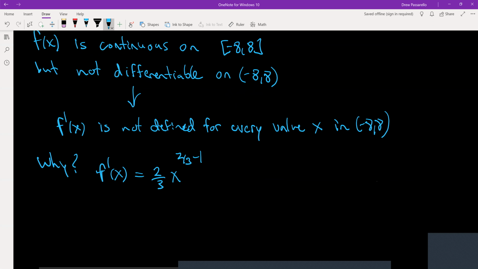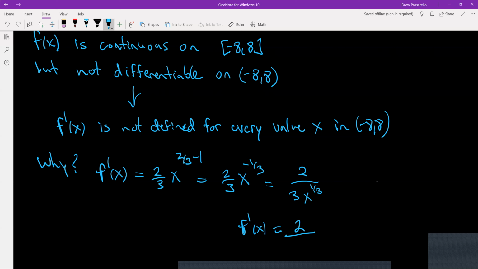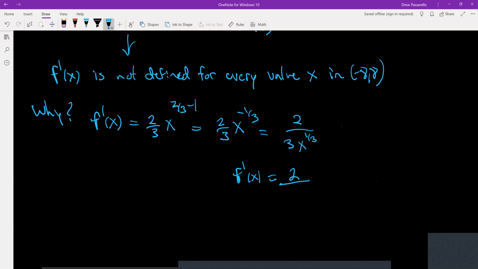So really this is 2/3 x to the -1/3, which you can bring to the denominator. So it would be 2/3 times x to the 1/3. And raising something to the 1/3 is the cube root. So f prime of x is 2 over 3 times the cube root of x.